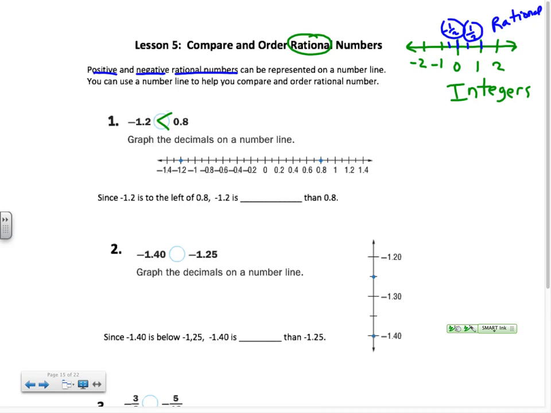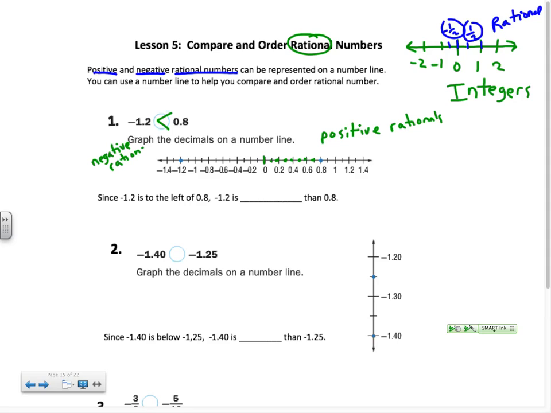So I have 0 right here in the middle, and these are my positives, and they are rational numbers because they're decimals, so they're positive rationals. And you can see how the number line is numbered in tenths. We have 1/10, then 2/10, 3/10, 4/10, 5/10, 6/10, 7/10, and there the blue dot is my 8/10. On the opposite side, we have our negative rational numbers, and they are opposites of what's on the right side.